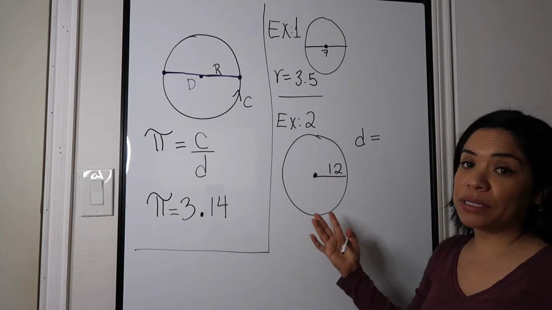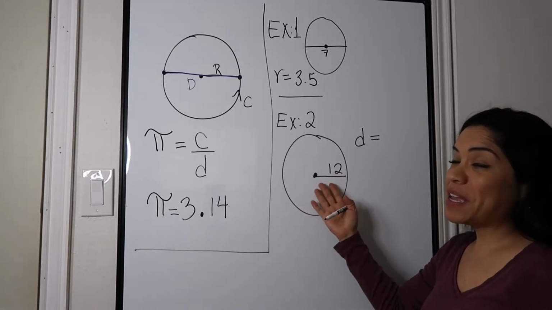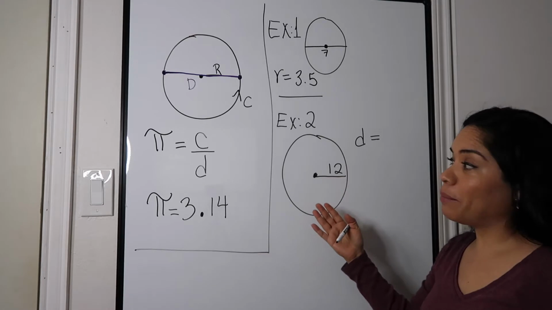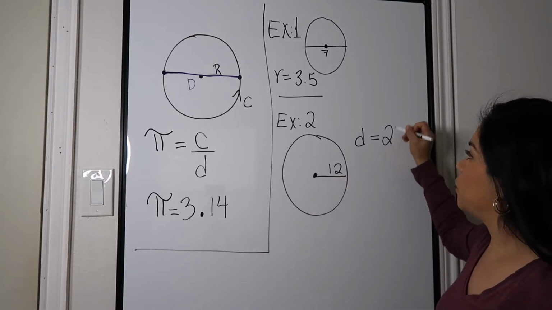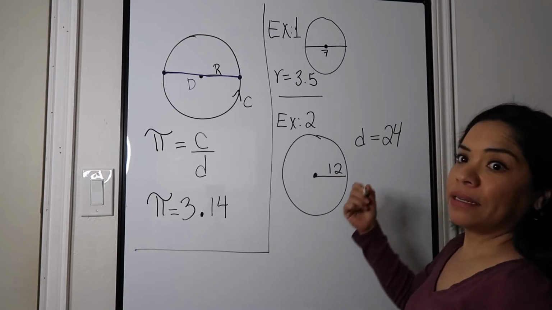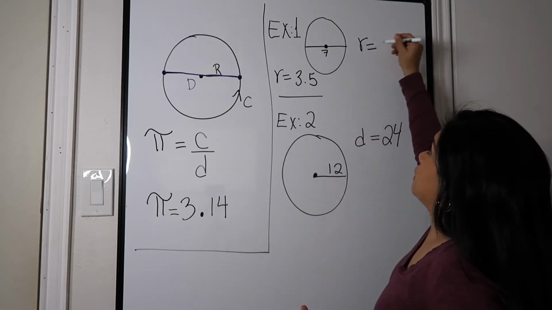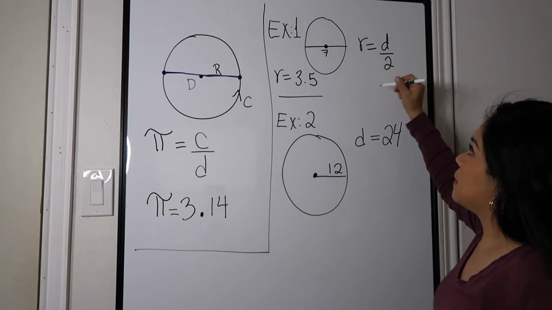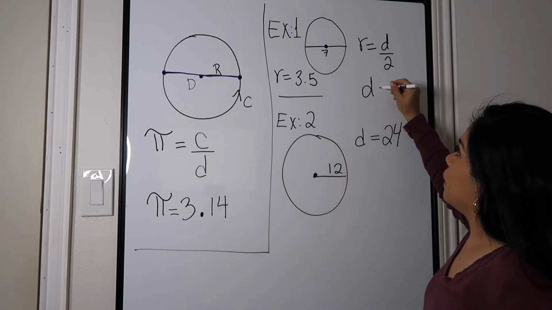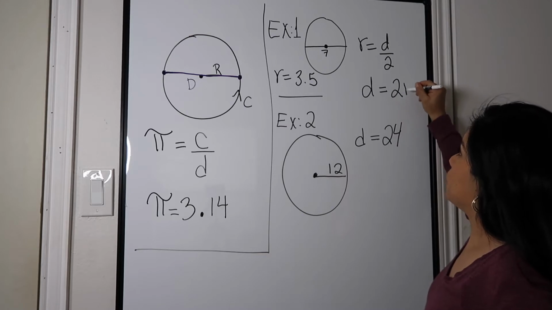Since the diameter is twice the radius, or we can say the radius is half of the diameter, that means the diameter in this problem is 24. And again, the radius is basically diameter divided by 2. Or you can say that the diameter equals 2 times the radius.